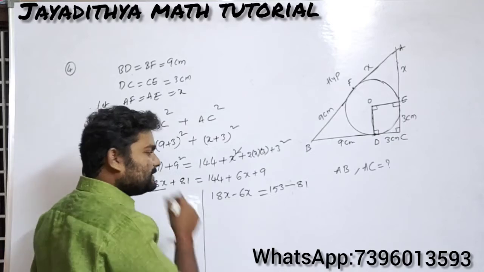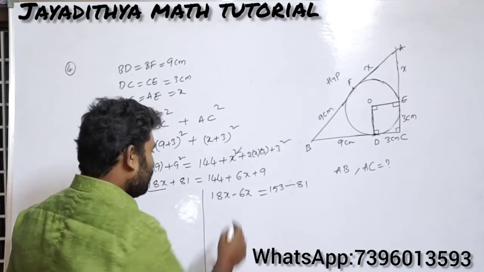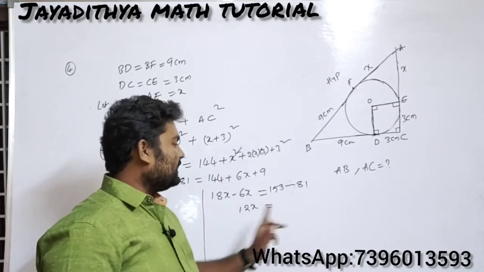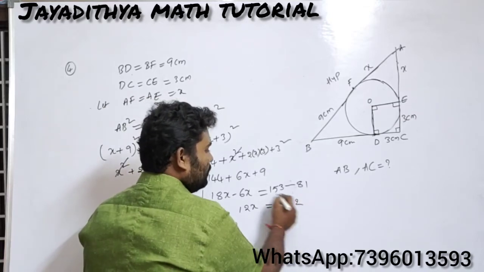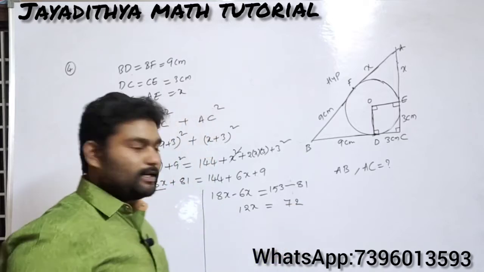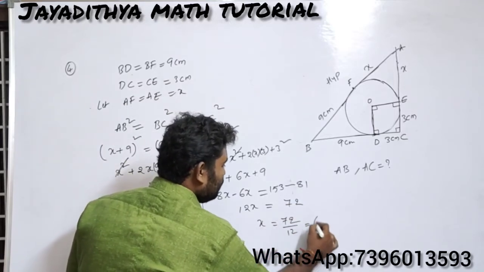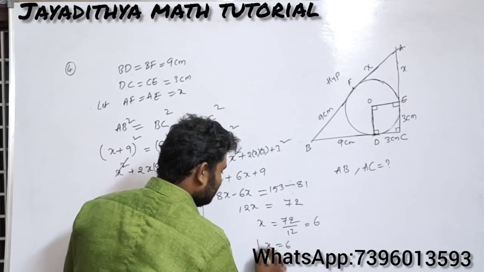So 18X minus 6X is how much? That is 12X, which is equal to 153 minus 81, which is 72. So X will be equal to 72 by 12, which is equal to how much? 6. X is equal to 6 now.